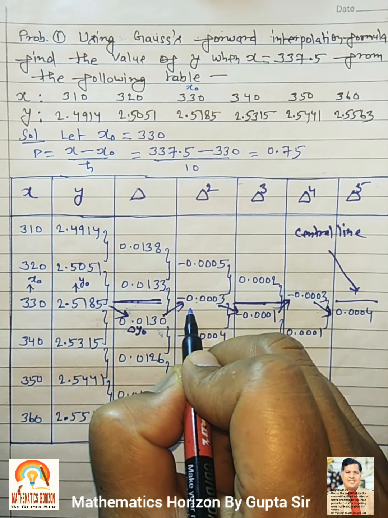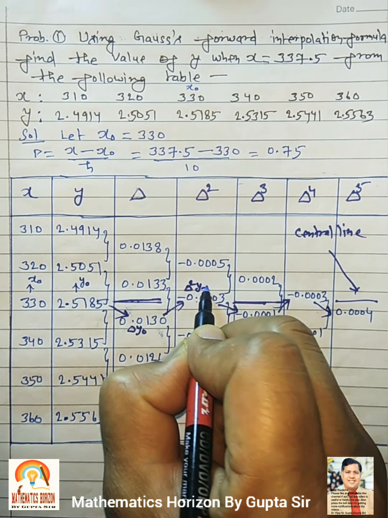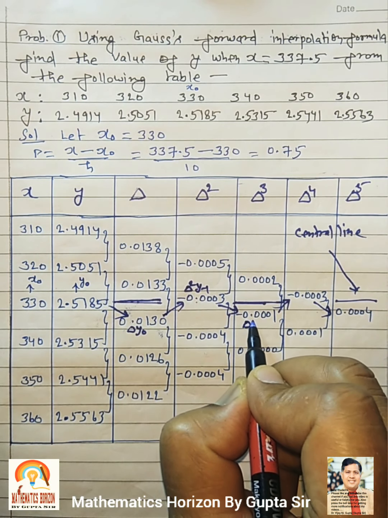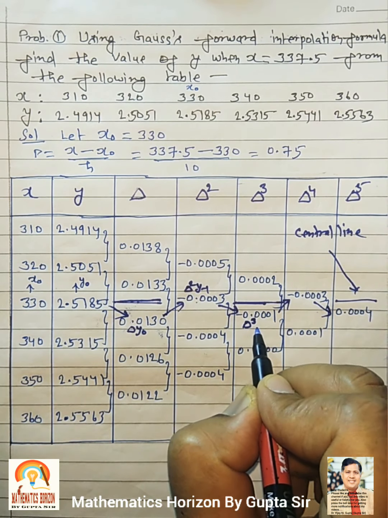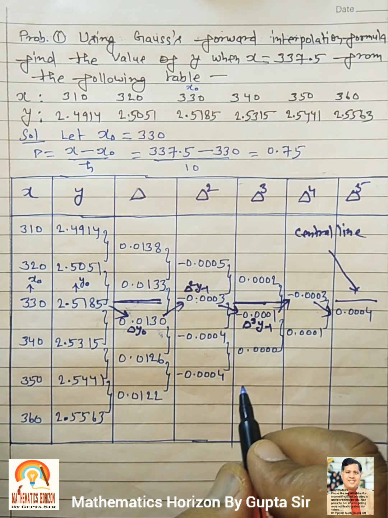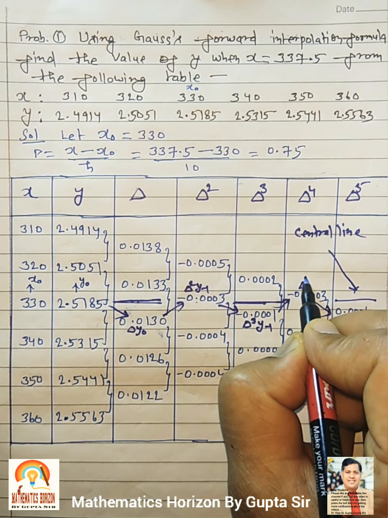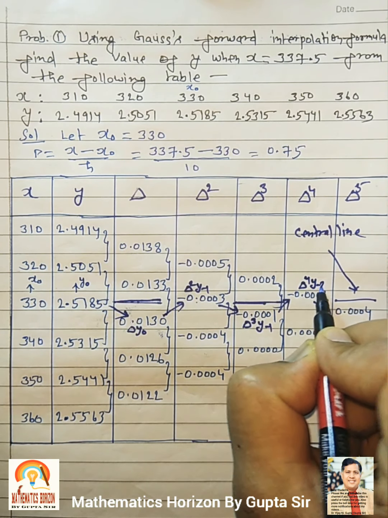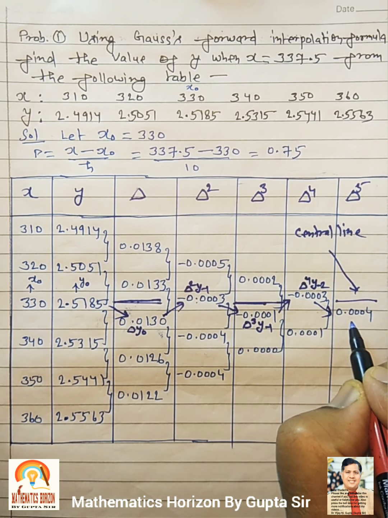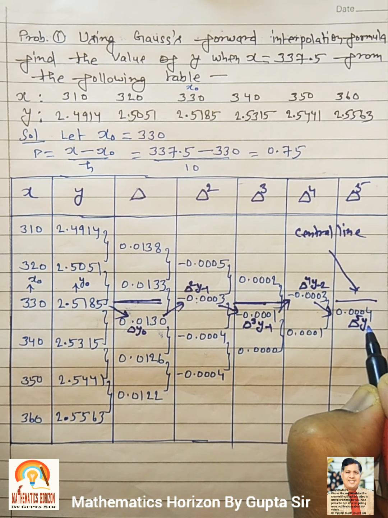This value will be del square y minus 1, that value will be del cube y minus 1, this value will be del 4 y minus 2, and this value will be del 5 y minus 2.